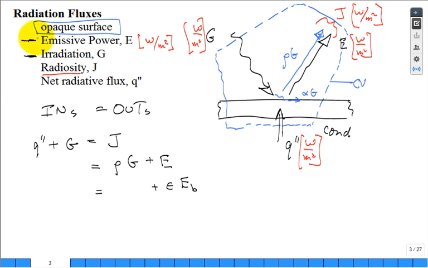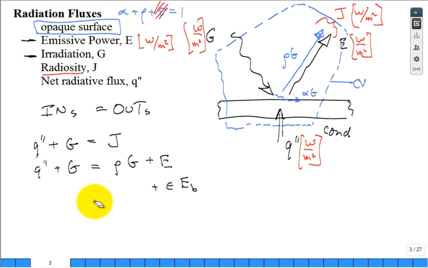If it's opaque, then we recall that the sum of the absorptivity and the reflectivity and the transmissivity is equal to 100%, but for opaque, there's no transmission. It's either absorbed or reflected. Okay? So what we can do here, let me just leave this G right there for a second.